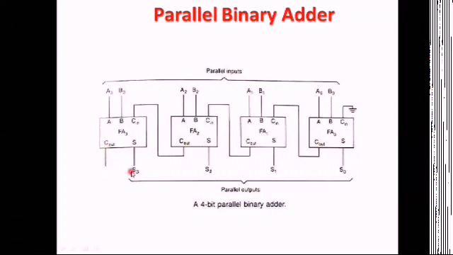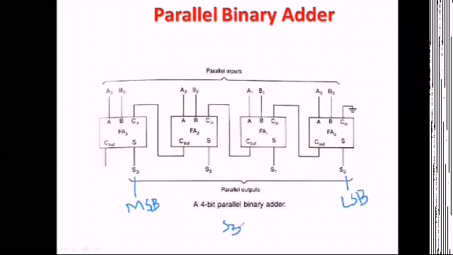So here we are getting the sum. Let us write here, this S3 is the MSB. You already know what is MSB. MSB is nothing but most significant bit, and this one S0 is the LSB. While we are writing the sum, we will be writing S3, then S2, then S1 and S0.